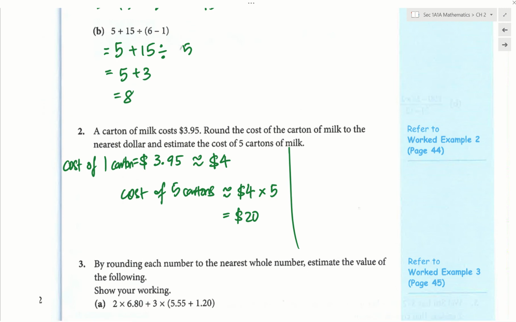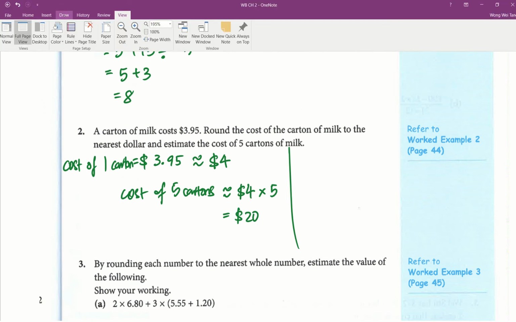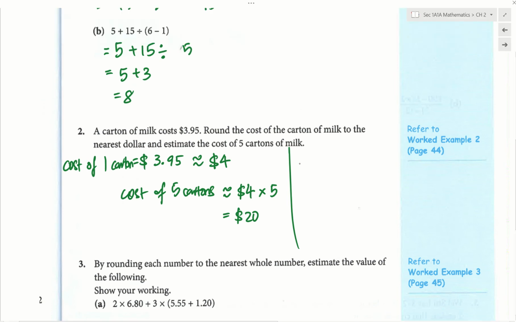When you go to Sec 2, somehow they don't have that problem anymore. And what is the problem? The problem is, you write this way: 1 carton, arrow, $4. 5 cartons, arrow, 4 times 5, and you say $20, right?